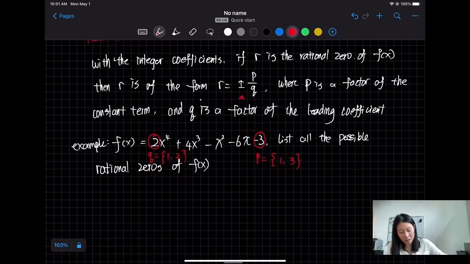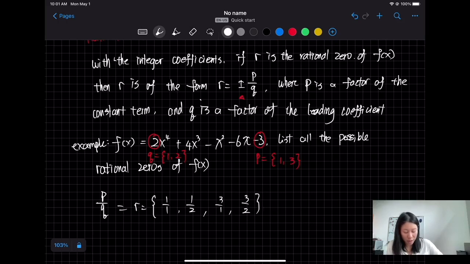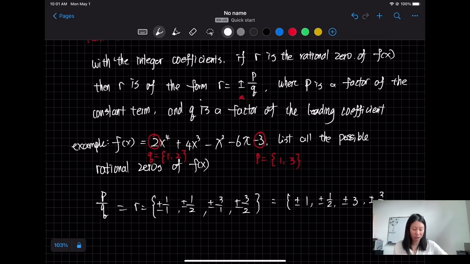So all the possible roots are p over q: 1 over 1, 1 over 2, 3 over 1, 3 over 2, positive and negative. They don't have to be roots of the polynomial, but all the possible roots are here. You can simplify it as positive and negative 1, positive and negative 1/2, positive and negative 3, positive and negative 3/2.